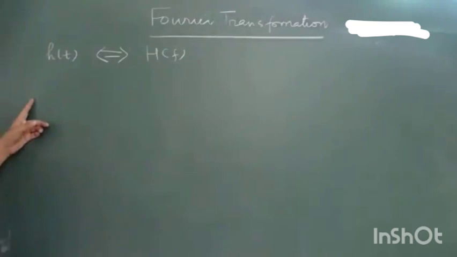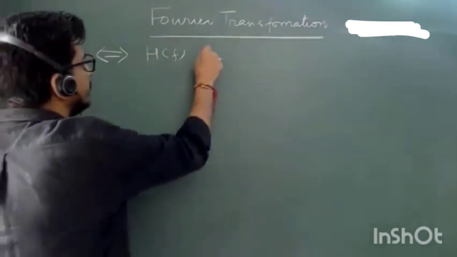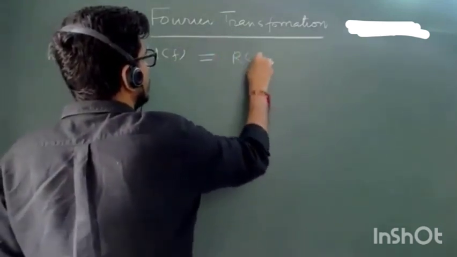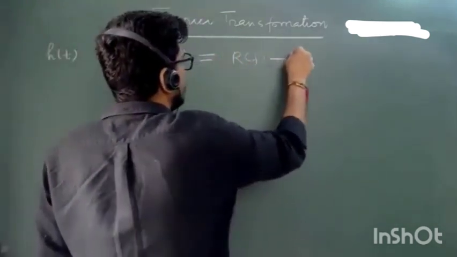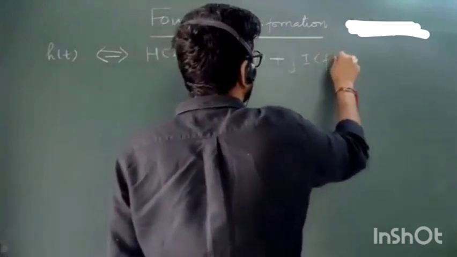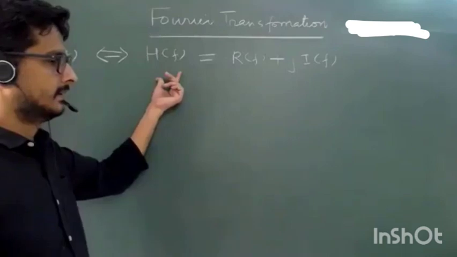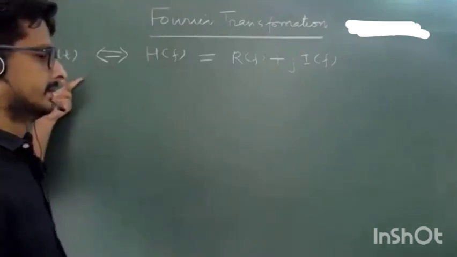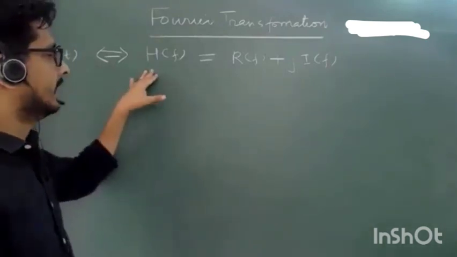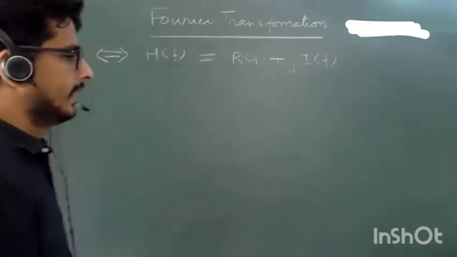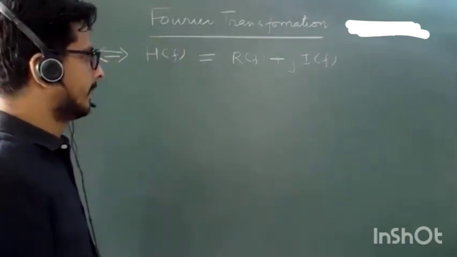This transformation from h(t) to H(f) will have a real part as well as an imaginary part. So this is the Fourier space, this is the real space. The Fourier space is a complex function, so obviously it will have a real part as well as an imaginary part.